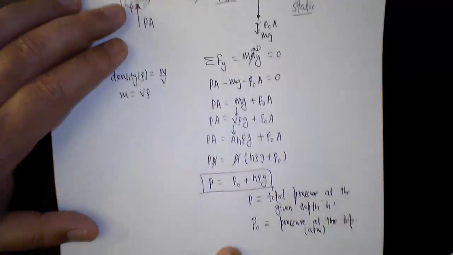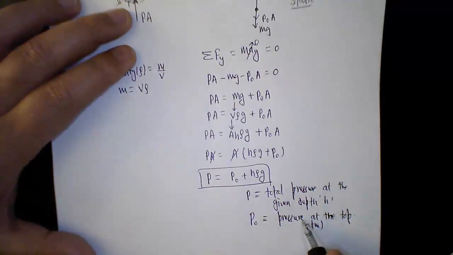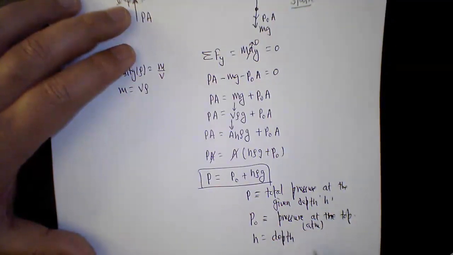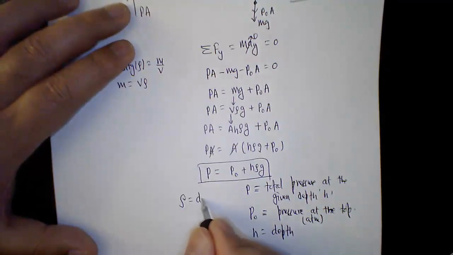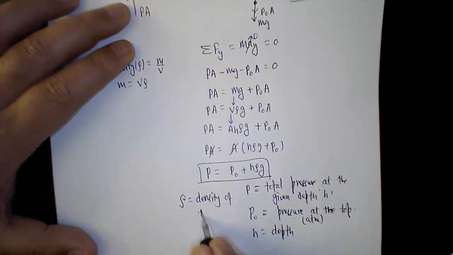In most cases, P0, the top pressure, is just the atmospheric pressure. h is the given depth, and depth means measured from the top. And rho is the density of the given fluid.